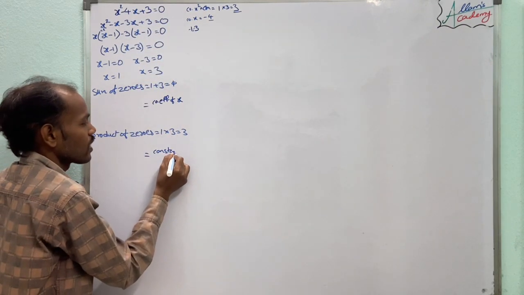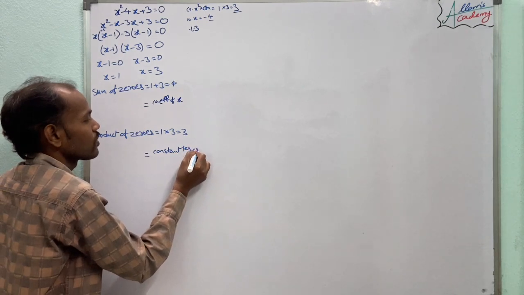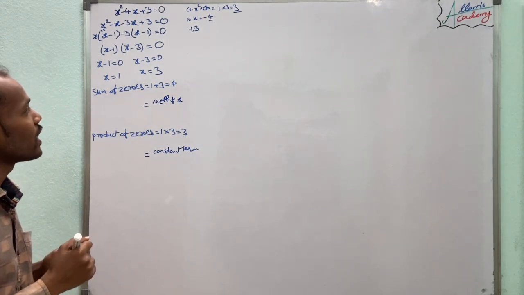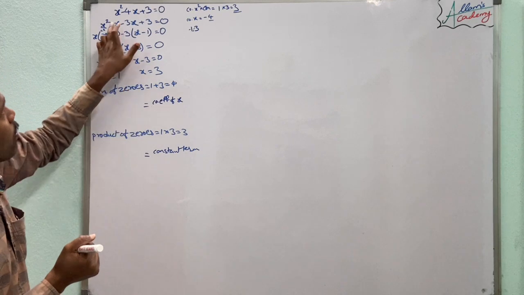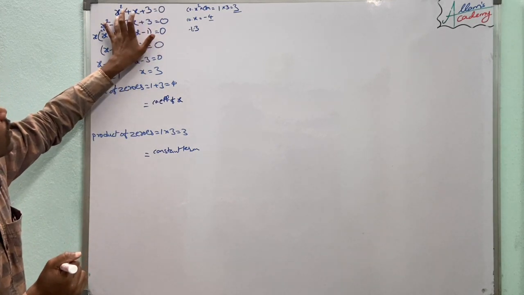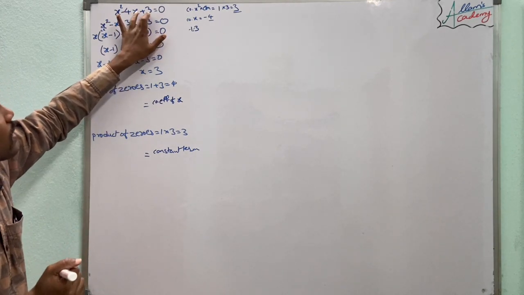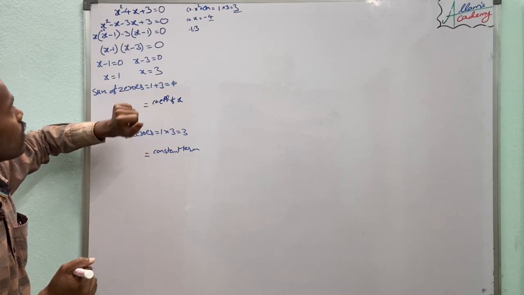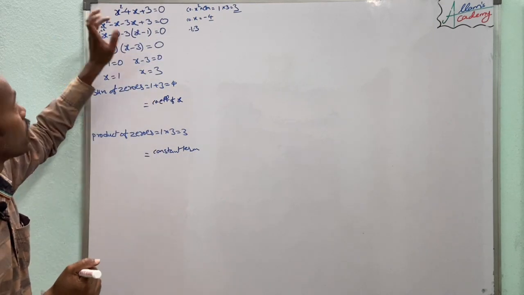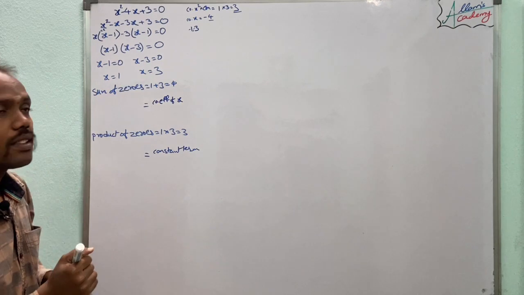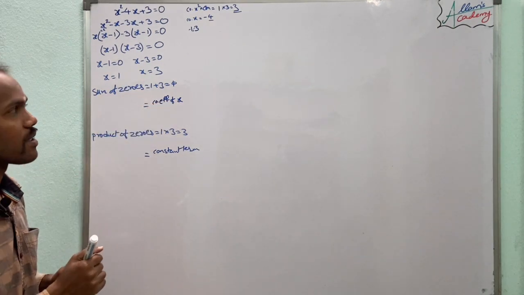For the polynomial x square minus 4x plus 3, 4 indicates the coefficient of x and 3 indicates the constant term, but the x square coefficient 1 is not presented there.